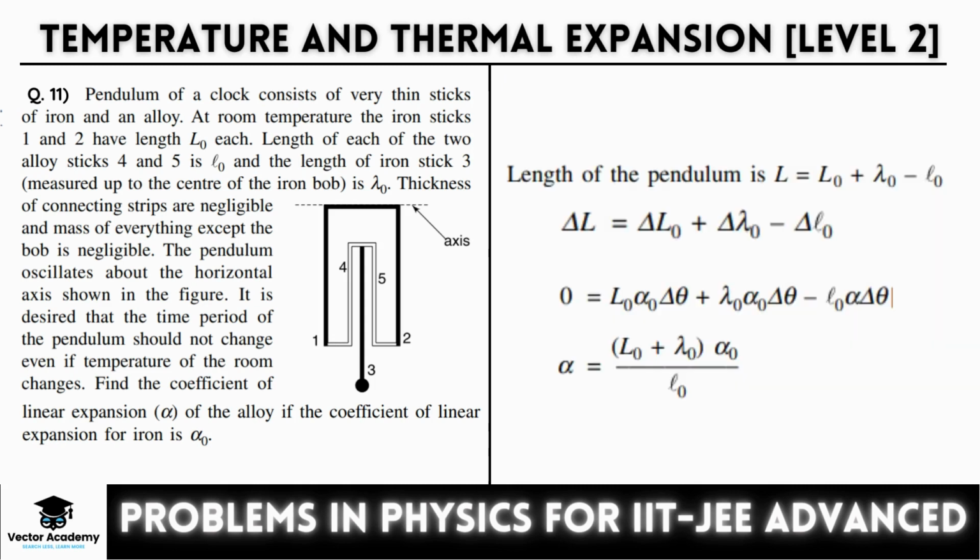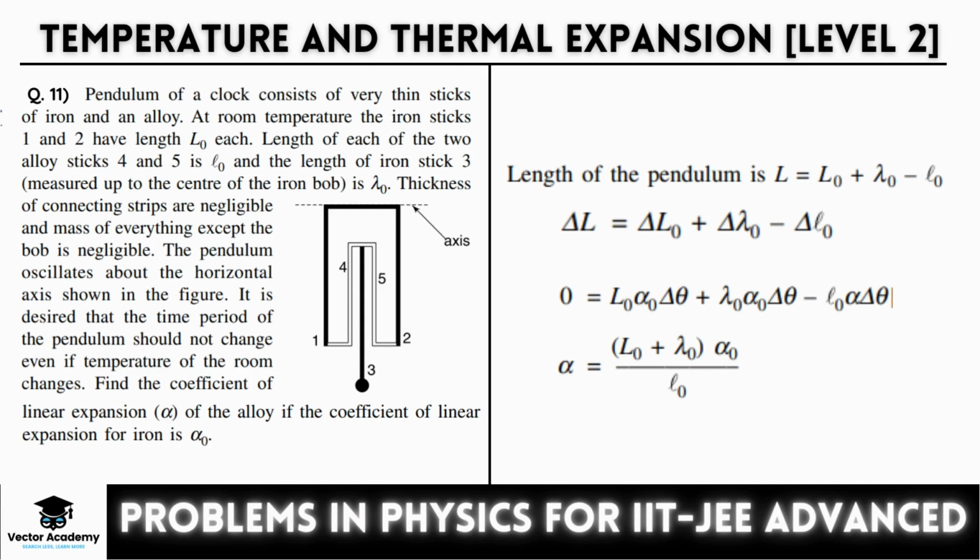Here, length of pendulum L equals L0 plus lambda 0 minus small l0. And change in length of pendulum delta L equals delta L0 plus delta lambda 0 minus delta small l0.